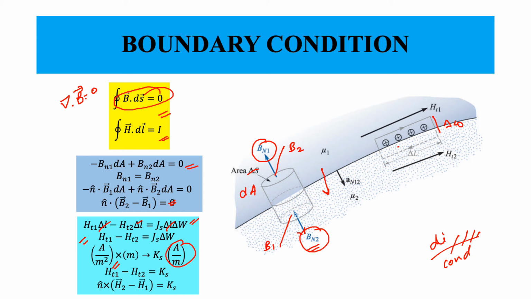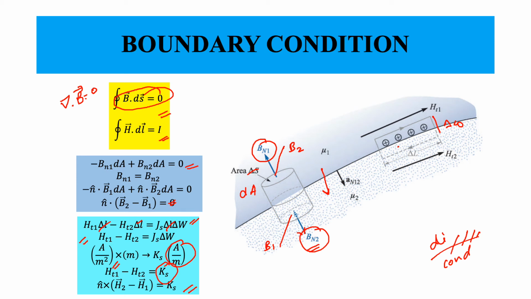So the second Ampere law, the integral of H dot dl, has given you the second boundary condition, which states that HT1 minus HT2 is equal to Ks, and the corresponding expression in terms of N would be N cross (H2 minus H1) equals the sheet current density Ks. So these are the corresponding boundary conditions that we are looking for.